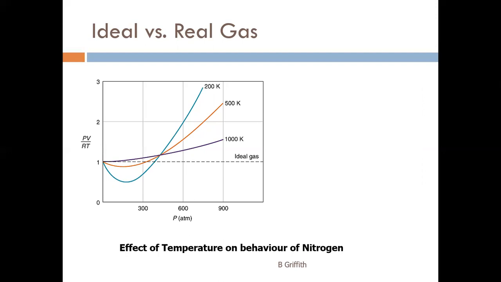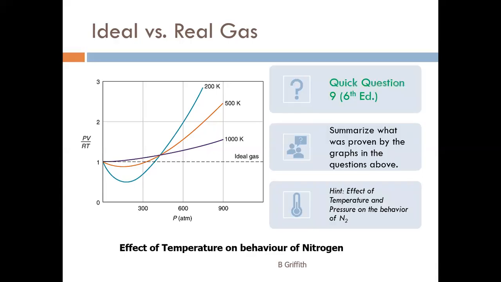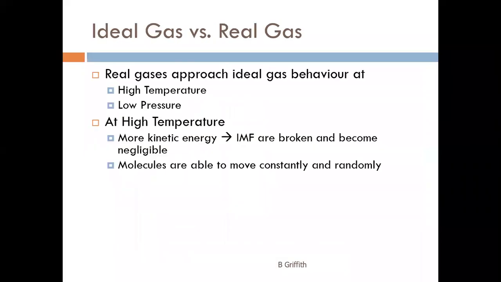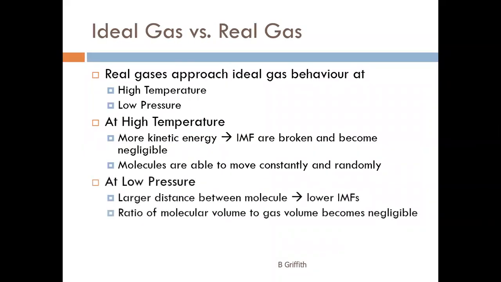How close is it to the straight line? And we're seeing that it is closest at high temperature and low pressure, so our real gas approaches ideal gas behavior at high temperature and low pressure.